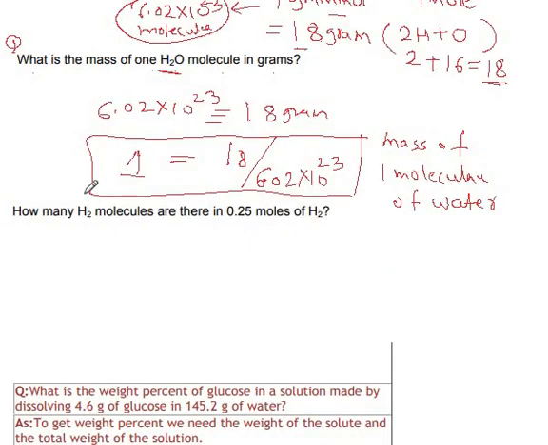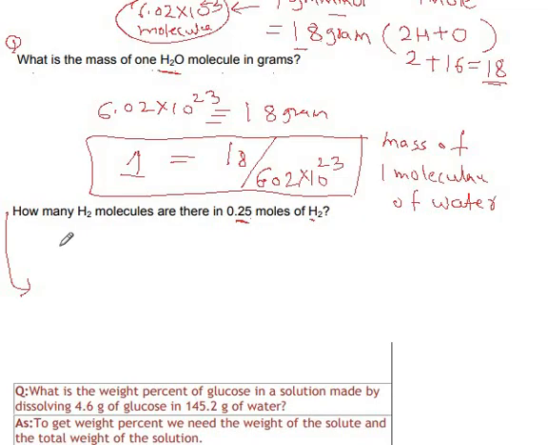Now go to the next question here. Now we'll solve this question. How many hydrogen molecules are there in 0.25 moles of hydrogen? First, what is the molecular weight of hydrogen? H2, hydrogen gas is there.